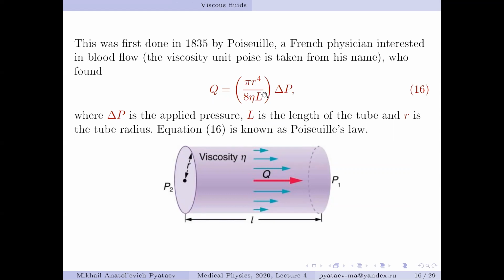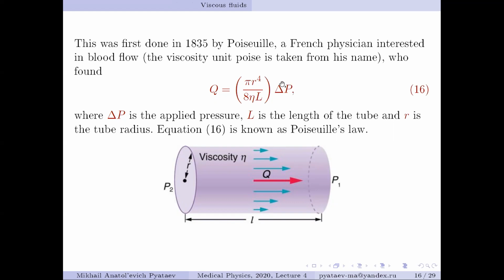The radius of the capillary is the same, the length of the capillary is the same, so the only two factors that are different are delta P and eta. And Q remains the same because volume is the same.